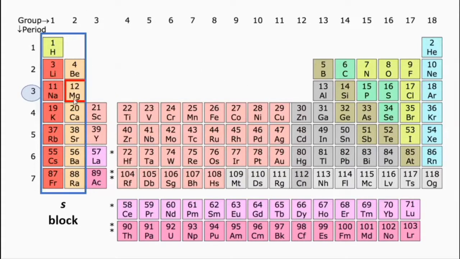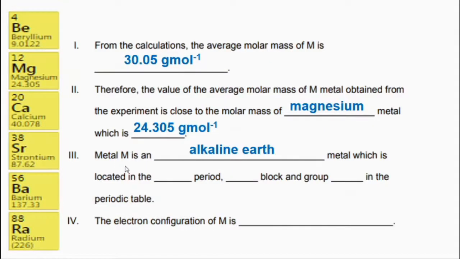Magnesium is one of the members of the S block elements, and it is in group 2. So metal M is an alkaline earth metal located in the third period, S block, and group 2 in the periodic table.